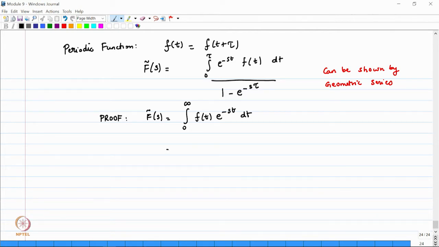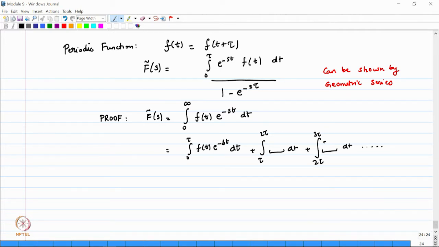Now, I can write this as integral 0 to tau f of t e raised to minus st dt plus integral tau to 2 tau of the same thing plus integral 2 tau to 3 tau of the same thing, and so on all the way up to infinity.